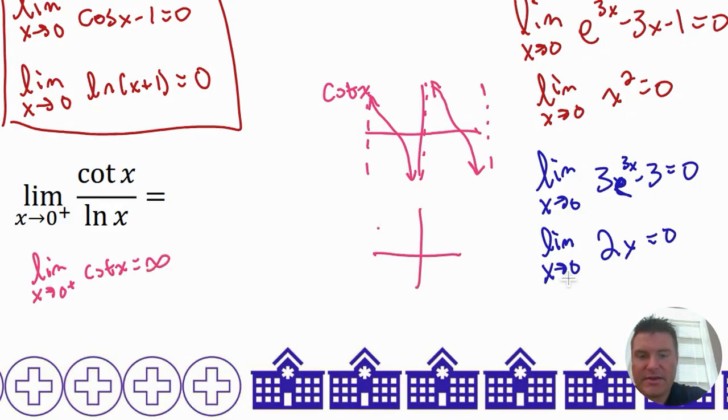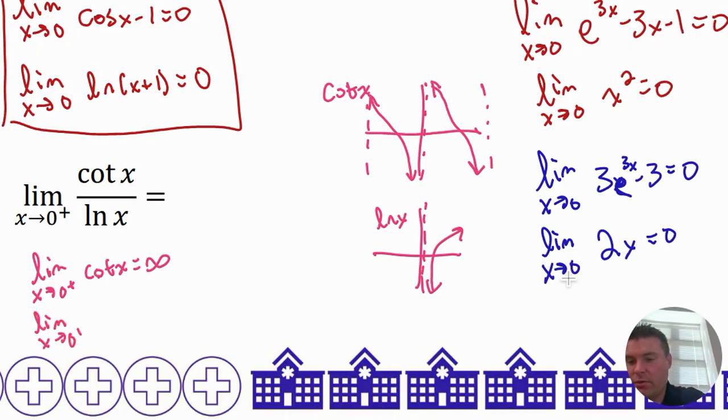If I look at ln of x, hopefully you know what that one looks like. If you don't, oof, you're going to have some problems here. As we look at 0 to the right, we're actually going to get negative infinity. So because we are in the form of infinity over infinity with some type of positive or negative, we can use LHOP here.